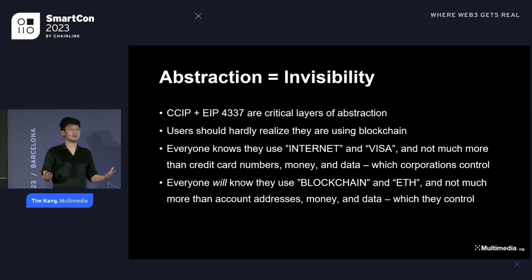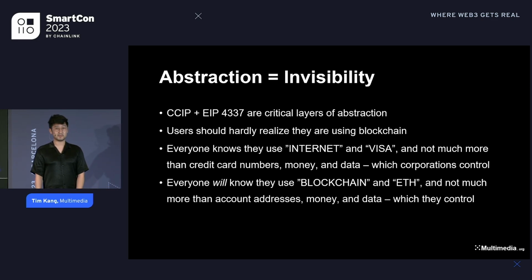Everyone currently knows that they use the internet, they use Visa, they have credit card information, they know what money is, and they know what data is. In the future, I believe that people will just know that they use a blockchain, that they know about account addresses, and then they're using money and data, and that's it. So thank you for listening to my presentation.